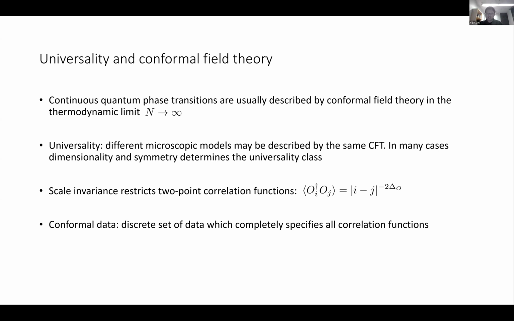In many cases, the CFT itself is only determined by the dimensionality and the symmetry of the system. So in the Ising model, if you ensure there is a Z2 symmetry, you will always get the Ising universality class in the continuum limit. The Ising model is just one way to realize such a phase transition, and there are infinitely many ways to realize the same phase transition. That universality gives conformal field theory a very important role in phase transitions.